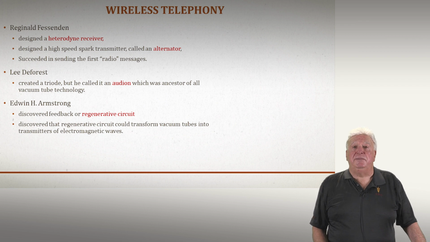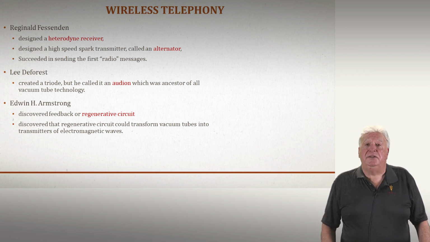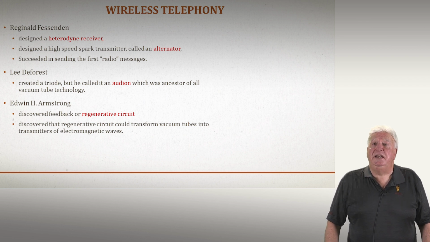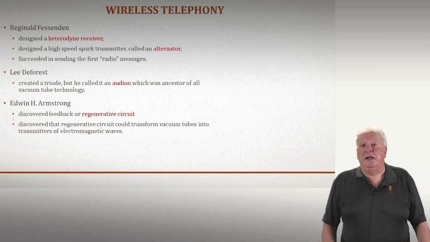Fessenden continued to experiment with voice transmission, and much of his energy in the next several years was devoted to perfecting his alternator and selling it to organizations that wanted telegraphy services. He also was embroiled in a patent dispute with Lee DeForest.